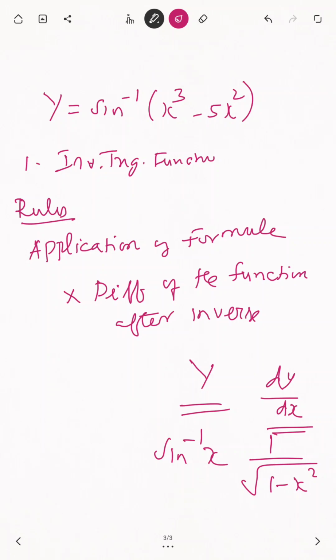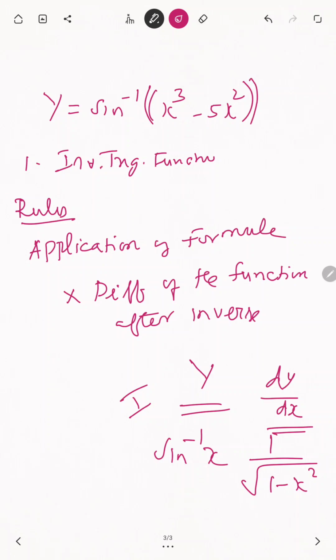And this is confirmed as an inverse trigonometric function because the trigonometric ratio with power -1 is available. If it is an inverse trigonometric function, any inverse trigonometric function follows only this rule: application of formula into differential of sine inverse, then differential of the function after inverse. Then what are the two things available? Formula, you have to go from this section.